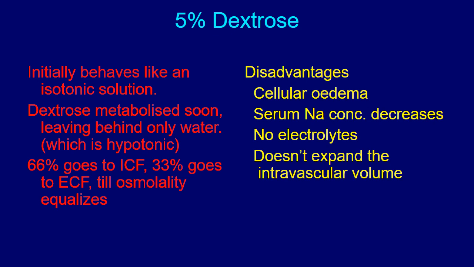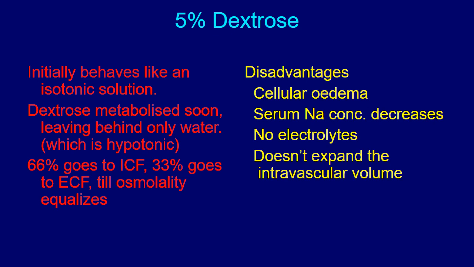Then this solution would get distributed in the body fluid compartments according to the body's natural distribution of water. So 66% of what you have infused as 5% dextrose would go to the intracellular fluid compartment, and 33% would go into the extracellular fluid compartment till osmolarity equalizes.